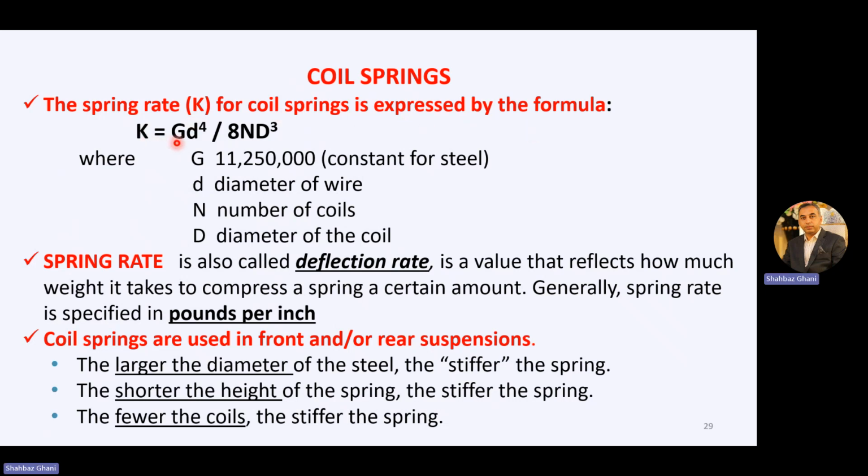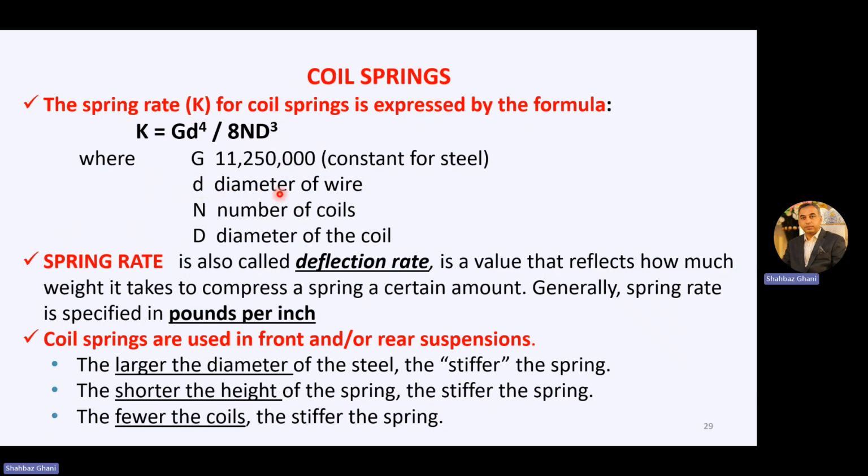K is equal to capital G, small d raised to power 4, divided by 8 N capital D raised to power cube, where G is the constant for steel. If we are using steel as a material, then we have to use that material constant, that is 1,12,50,000, the constant for steel.